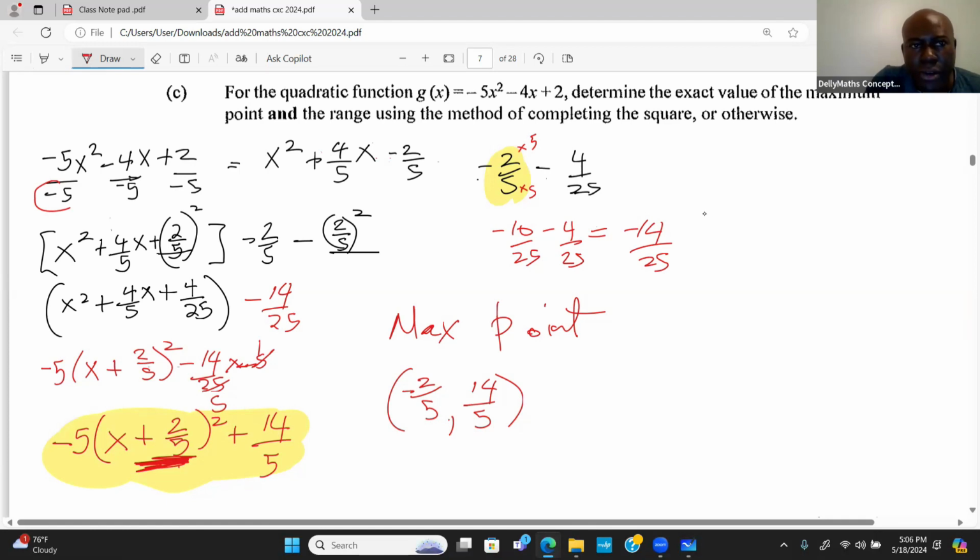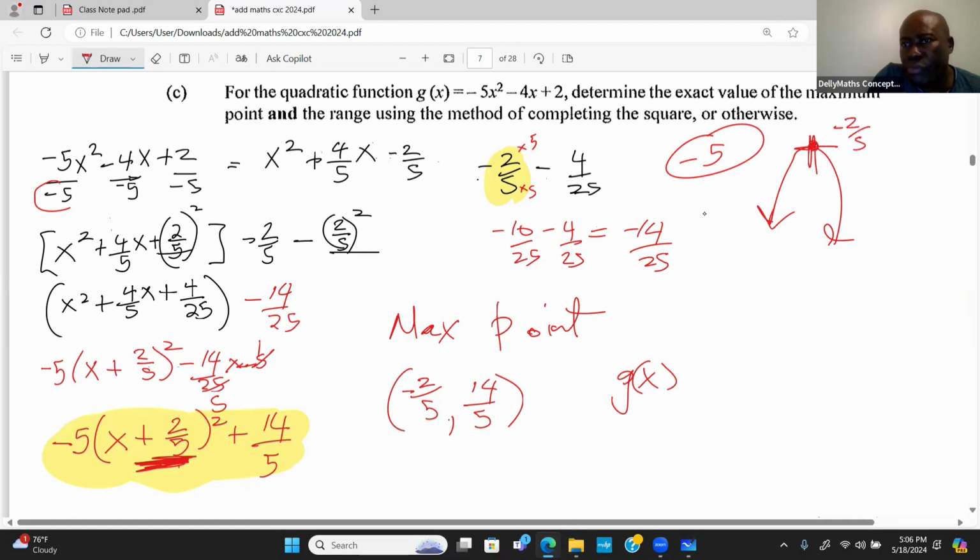All right, what do they have? So for the range now, g of x has a maximum point. How do you know? Because your a value was negative 5, so the curve turned like this. So the coordinates that we have for the vertex here, the negative 2/5 and then the 14/5, we're saying this is our maximum value.